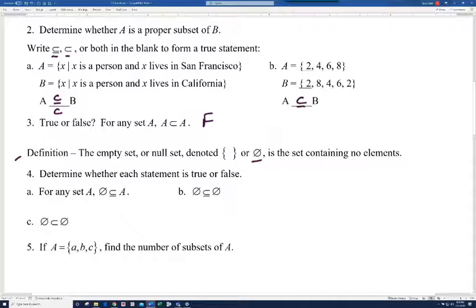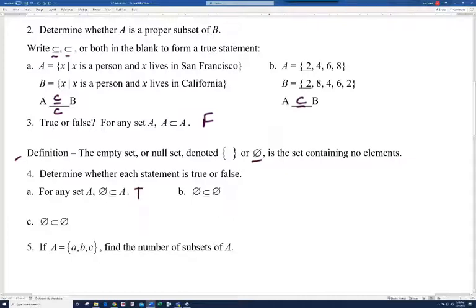So, for any set A, the empty set is a subset of A. Well, we could say that the empty set is not a subset if we find something in the empty set that's not in A. Since there's nothing in the empty set, we don't have anything in the empty set that's not in A. And so this actually does meet the definition of being a subset. So we would say true here.